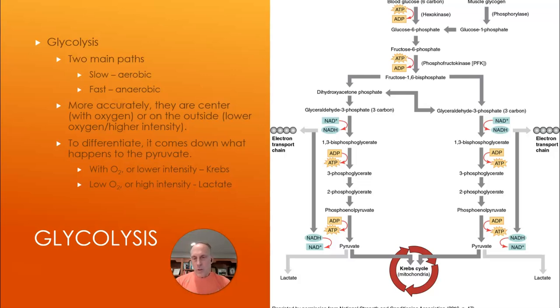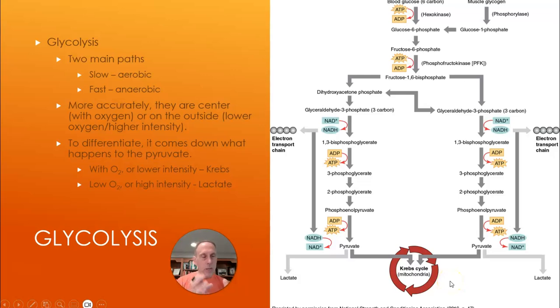If there is enough oxygen or the exercise intensity is low enough, then the pyruvate goes into what's called the Krebs cycle, and that happens in the mitochondria of the cell. If you have lower oxygen or higher intensity exercise where the person doesn't have enough oxygen to process the byproducts in the blood, that pyruvate now becomes lactate.